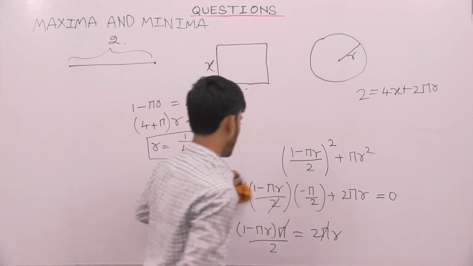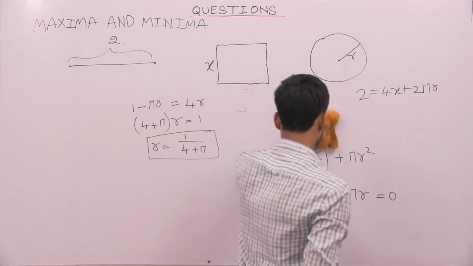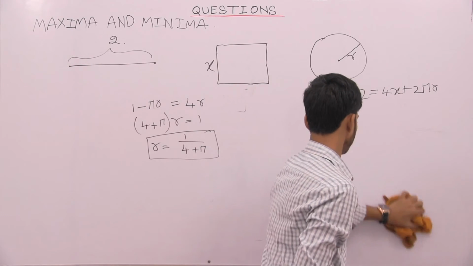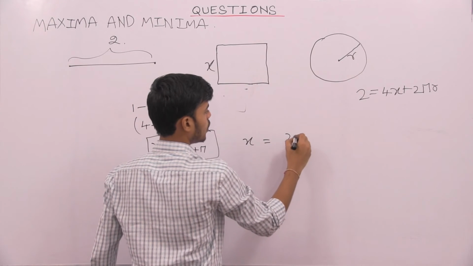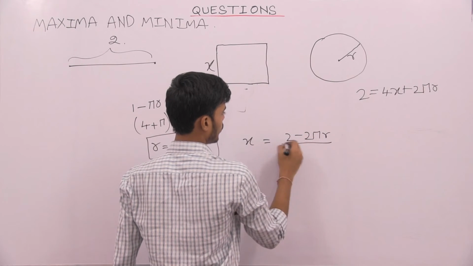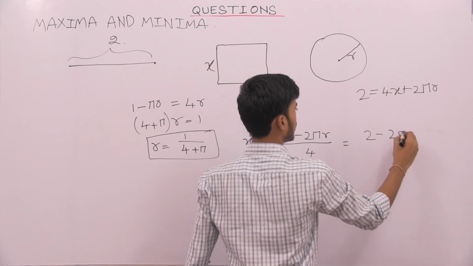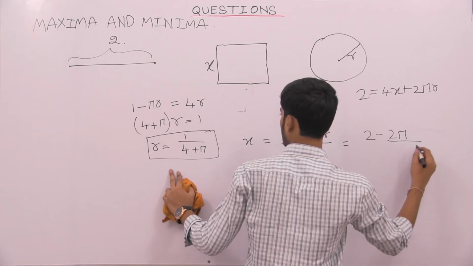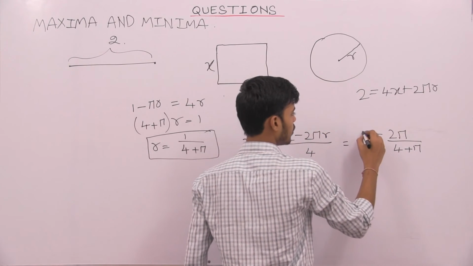As we have the value of r, we can find the value of x using this equation. So we get x is equal to 2 minus 2 pi r by 4, which is 2 minus 2 pi into r, which is 1 by 4 plus pi, and the entire thing divided by 4.